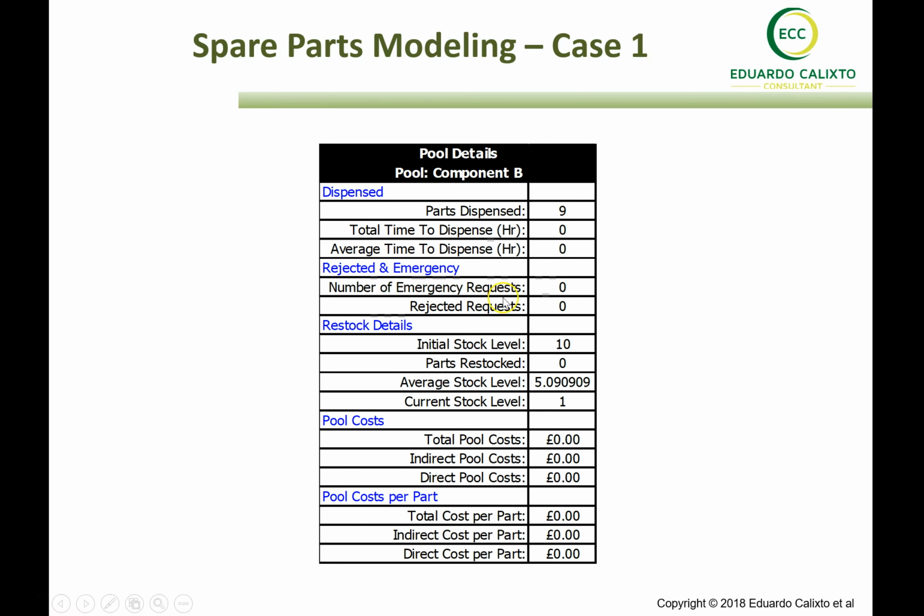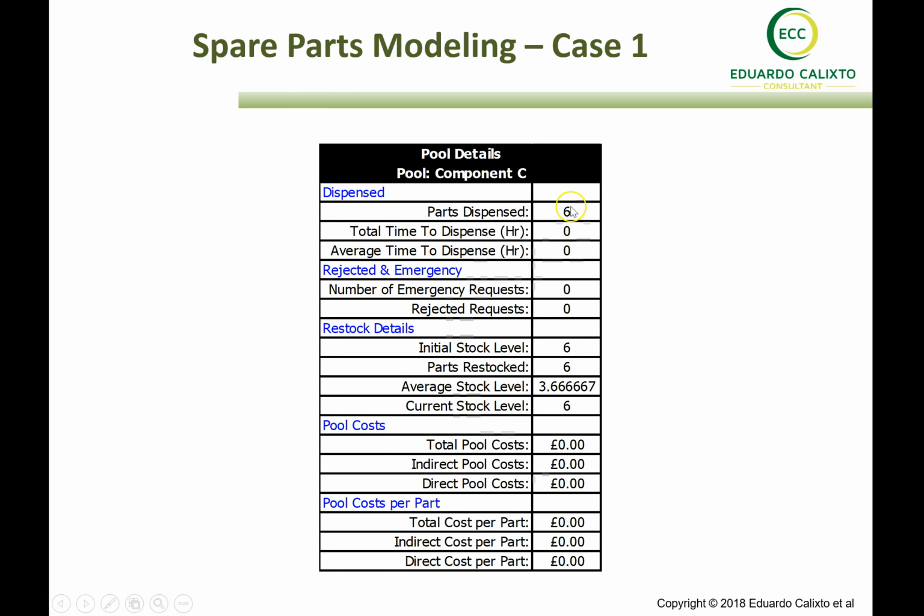That is the emergency request caused by restock ordered after such a specific component achieves this 0 level of spare parts, having an initial spare part stock of 10. In the end I have an average stock level of 5 units, and 1 unit in stock, and I did not include the cost either.